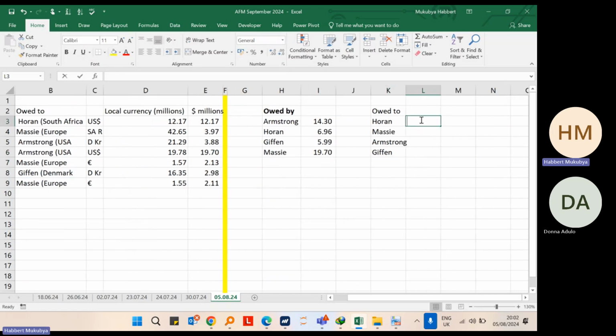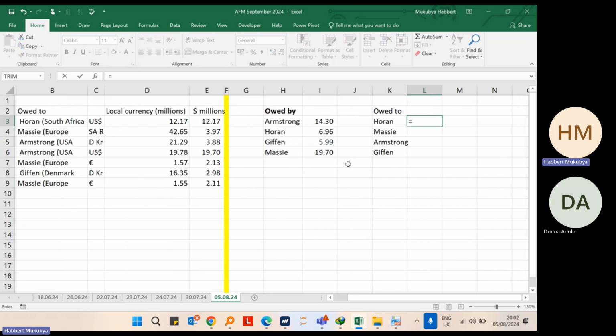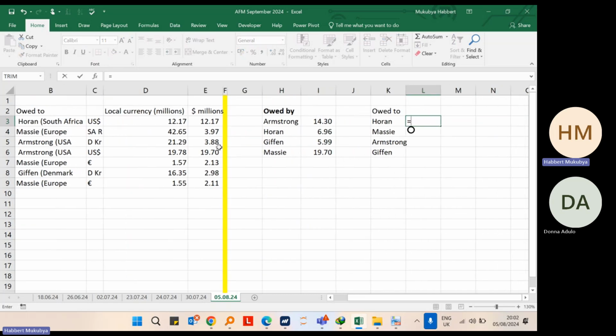So now for Horan, where we say who's owing Horan, we have this 12.7. What else? I think only that. Then Massey has 3.9 plus this 2.13, which is 6.11. Then Armstrong, we have 3.88 plus 19.7. And then Giffen only once, 2.98.